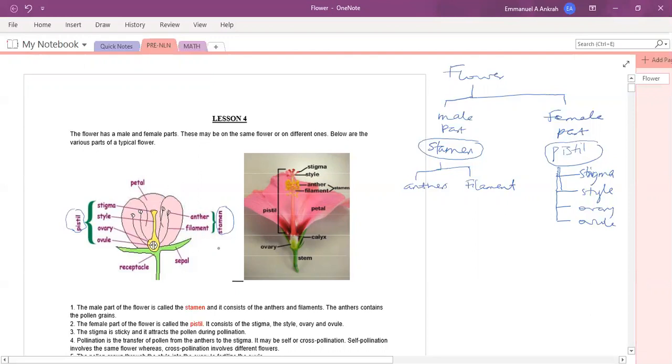And then the calyx is the cap-like structure in which the petals sit. The sepals are like leaf-like structures on the calyx, somewhere here. So if you draw a hibiscus flower, basically what you have looks like this.